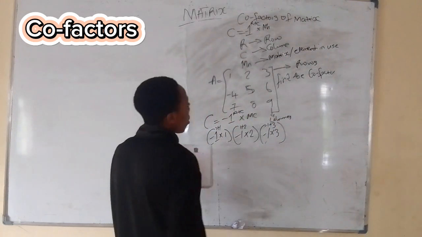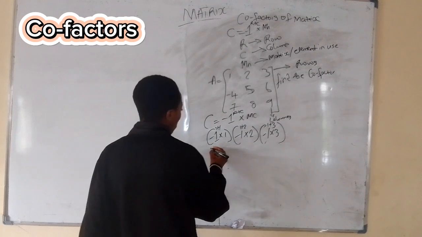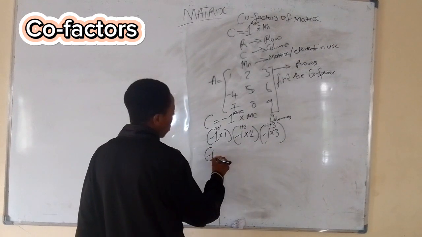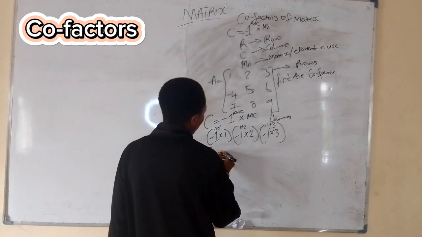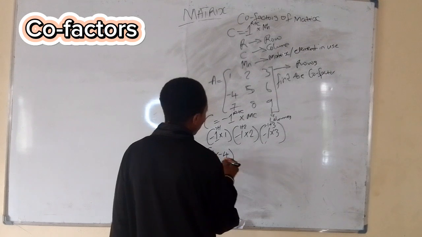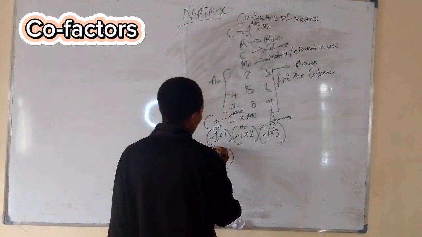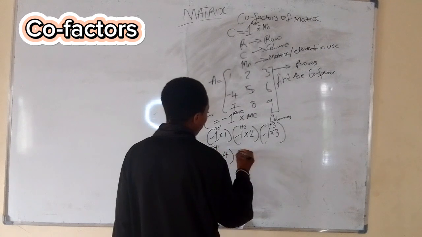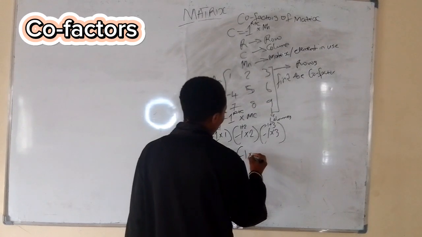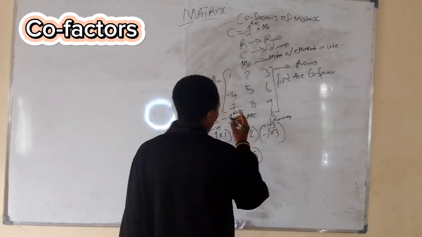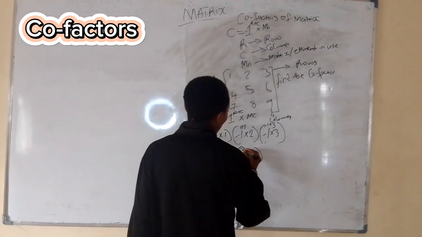So now we note our second row. We have minus 1 times minus 4. Row 2, column 1, so 2 plus 1. Minus 1 times 5. Row 2, column 2.